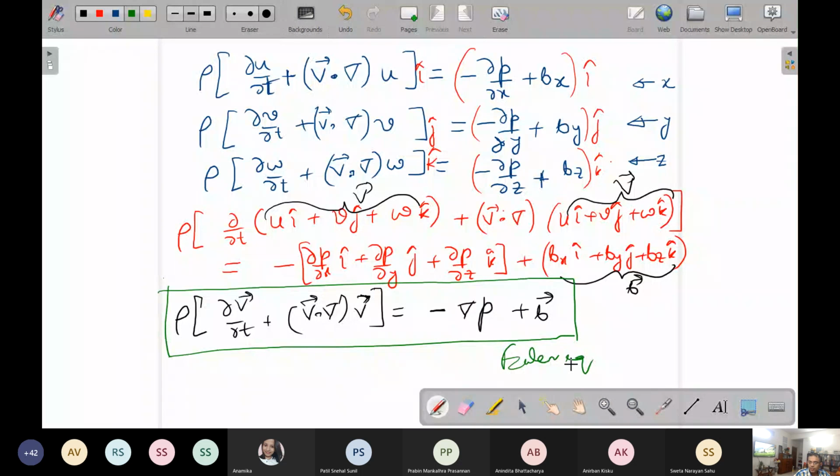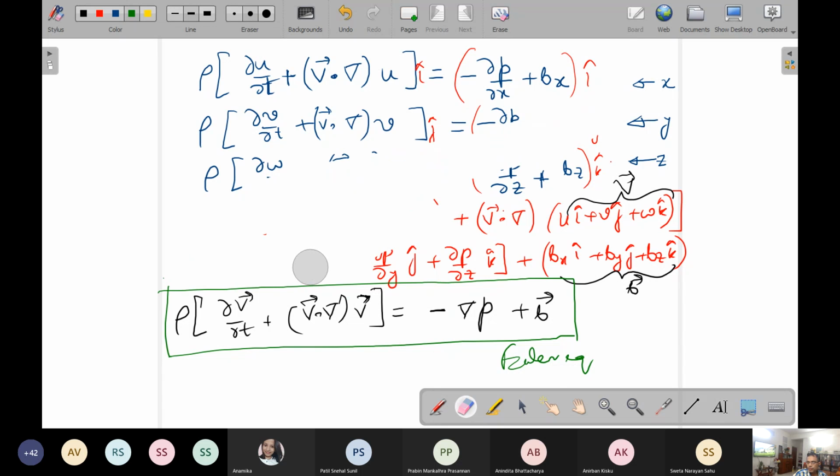But there are several such practical situations which I will come up with as we keep on discussing in this course, that there will be many such situations where the viscous effects are not important, although the fluid has viscosity. So you can apply this equation without restriction in that case. It was first derived by the famous mathematician Euler, and that is why it is called as Euler's equation of motion.